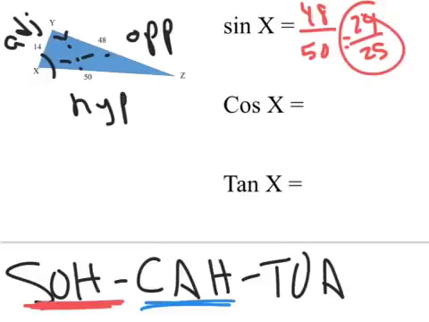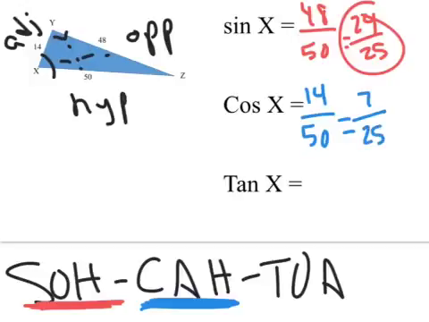The cosine of x, the cosine ratio is adjacent over hypotenuse. So the adjacent side has a length of 14. The hypotenuse has a length of 50. And 2 will go into both, which reduces to 7 over 25. So the cosine of x is 7 over 25.